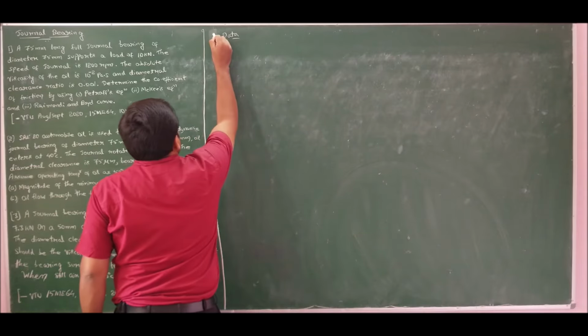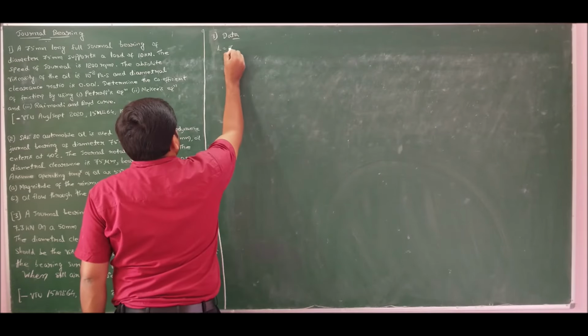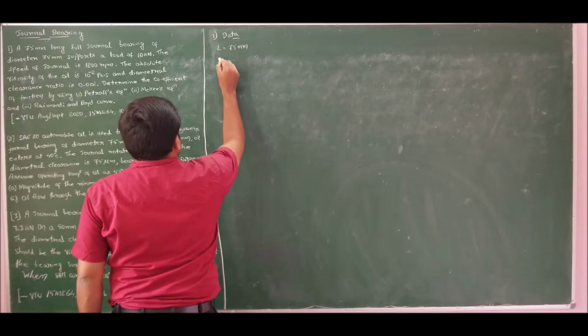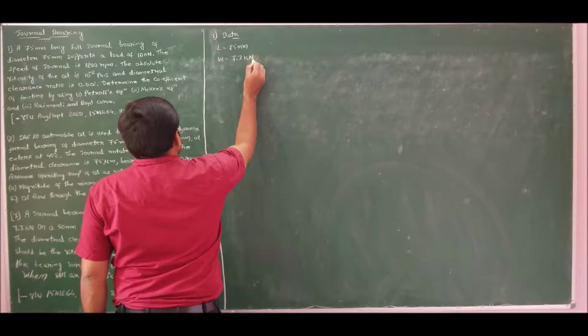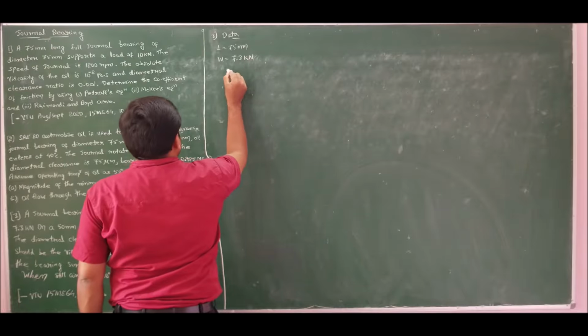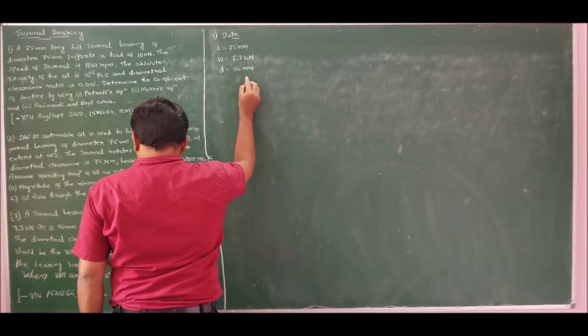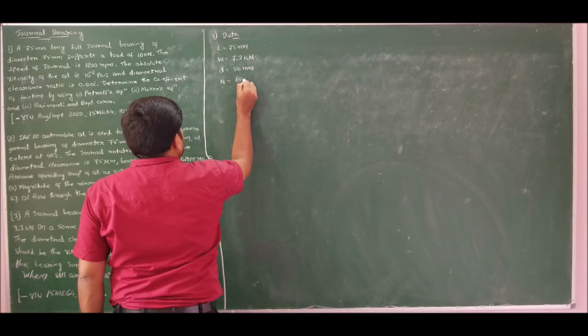For problem number 3, we have a journal bearing of length 75 mm, which supports a load of 7.3 kilonewtons on a 50 mm diameter journal turning at N equal to 750 rpm.